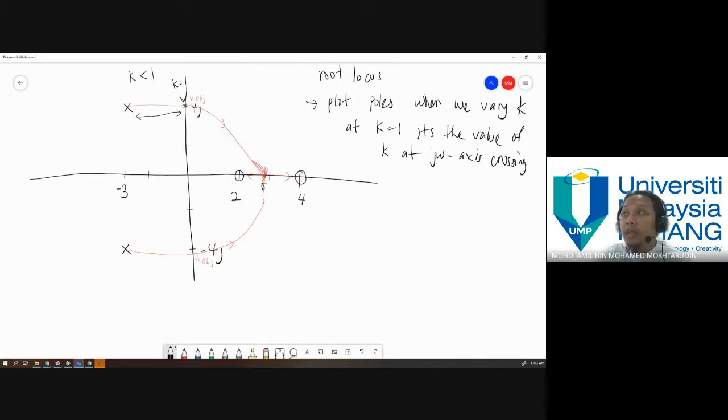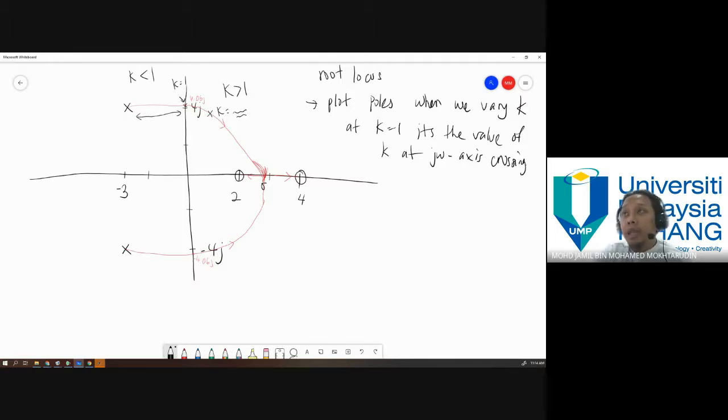If we use k larger than 1, then the poles will be located on the right-hand side of the S-plane, and it will produce an unstable system. So when we change the value of k, we get either a stable, marginally stable, or unstable system.